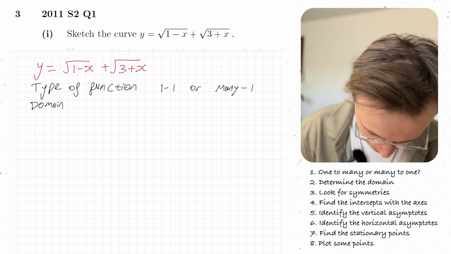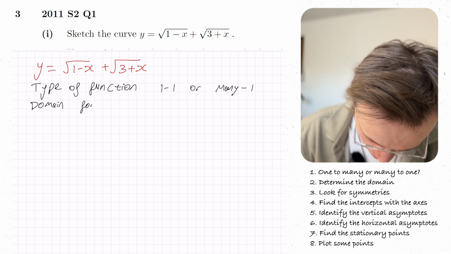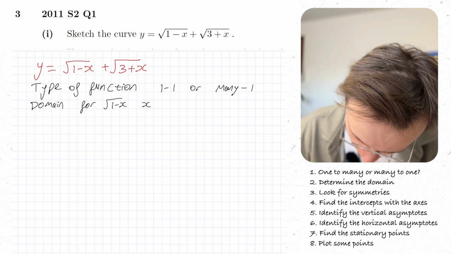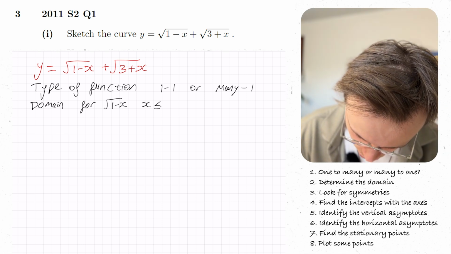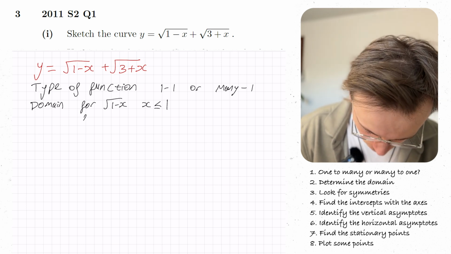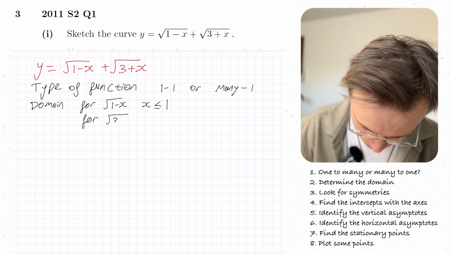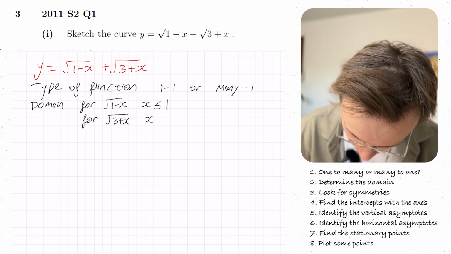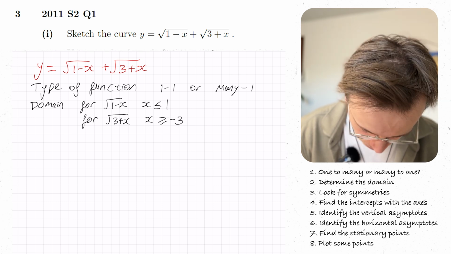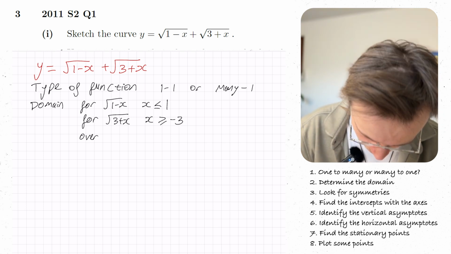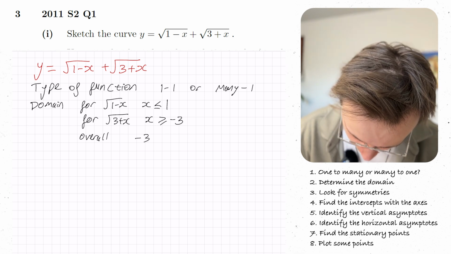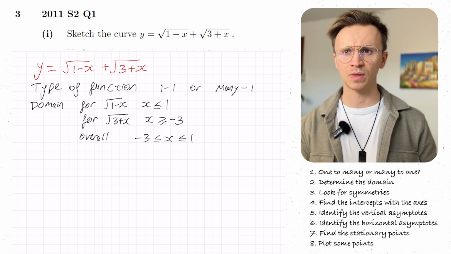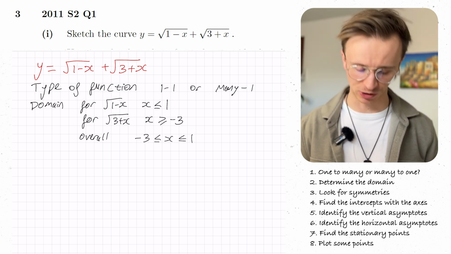So for the square root of 1 minus x, I need x less than or equal to 1. And then for the square root of 3 plus x, I need x greater than or equal to minus 3. So overall, I need minus 3 less than or equal to x less than or equal to 1. So that's my domain.